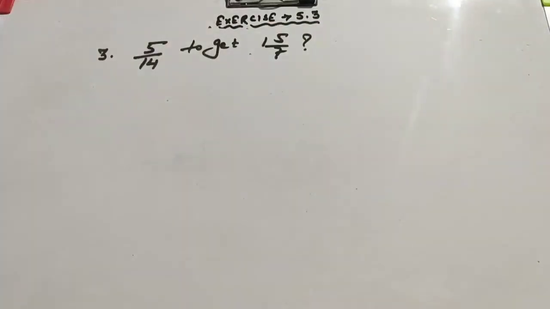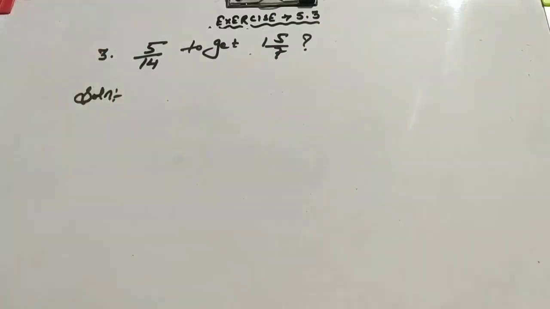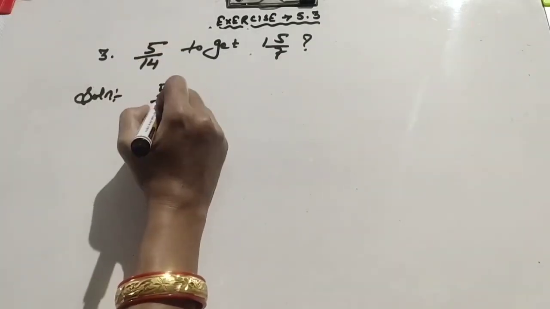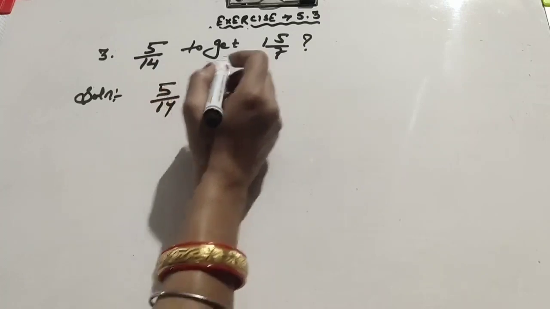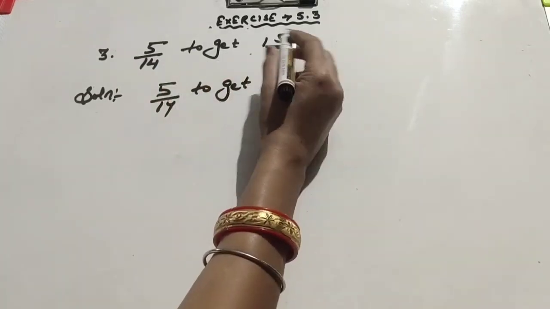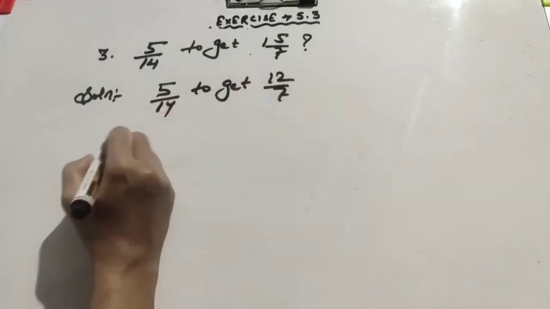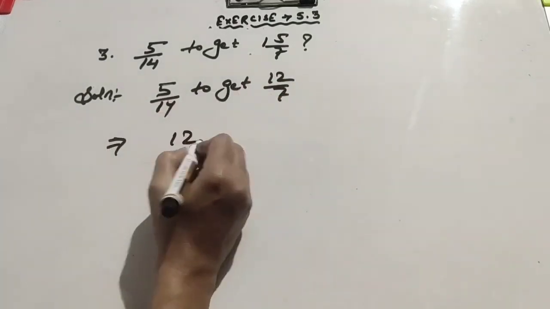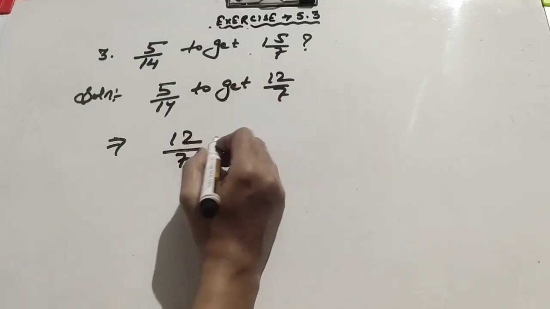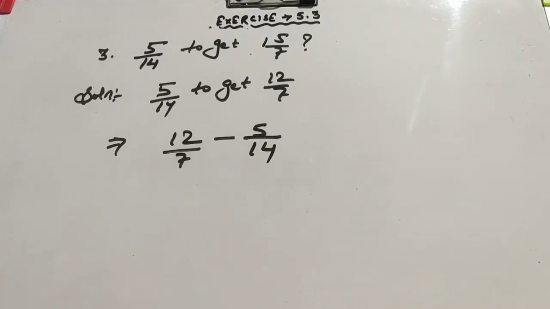You just solve with the process. 5 by 14 is given, to get 7 7s are 7 plus 5, 12 by 7. What number should be added? So first of all we will write 12 by 7 subtract 5 by 14.